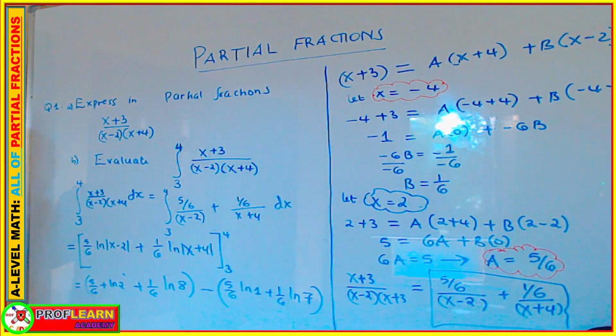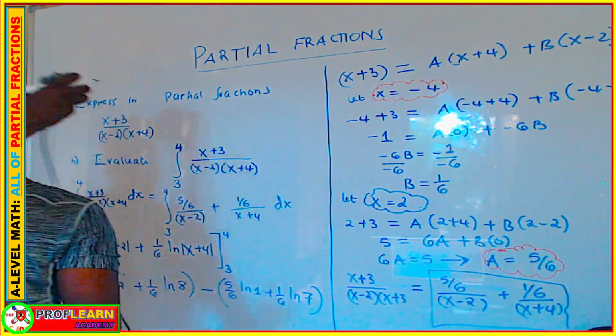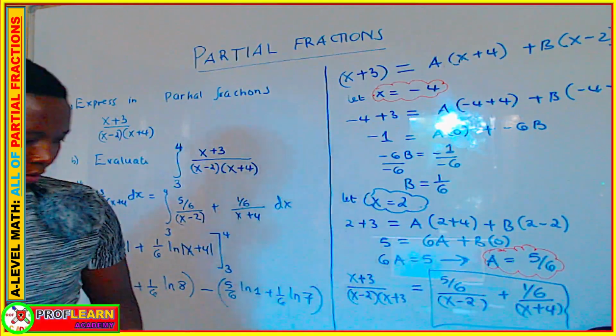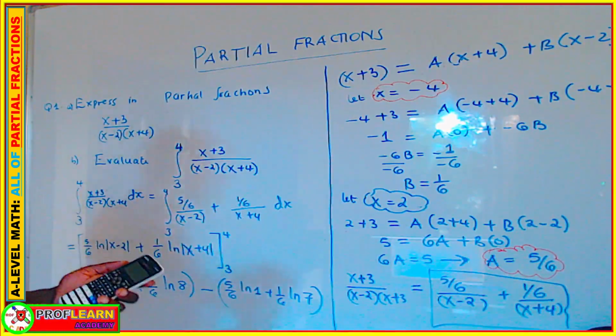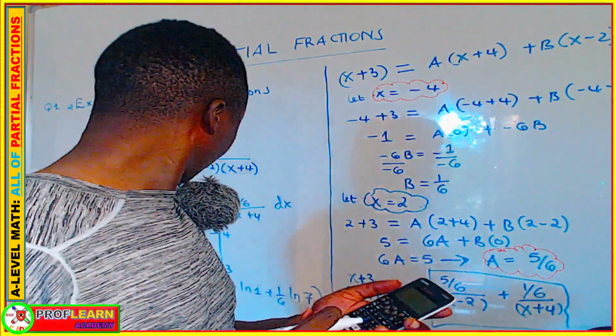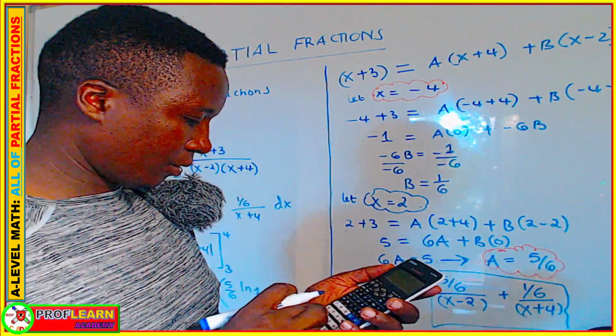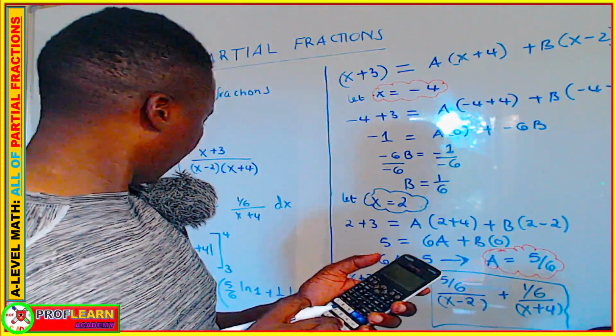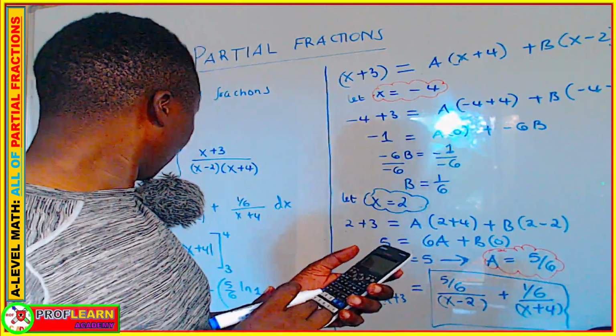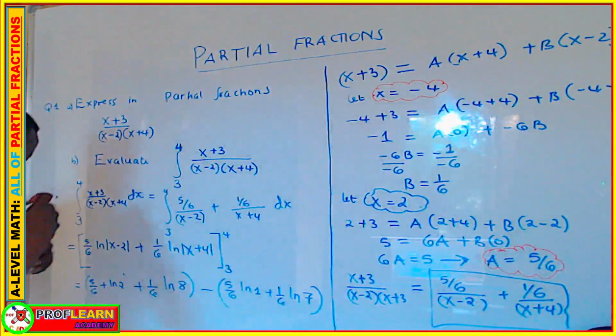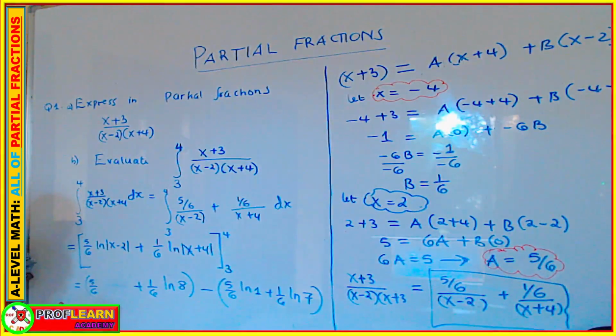So we can now simplify, and put this in the calculator. I think it should be written as 5/6 ln of 2, not plus, because we are substituting for ln of 2.